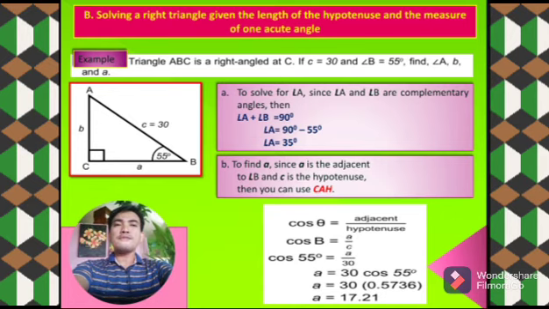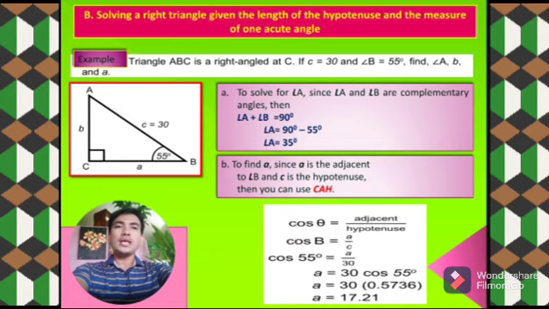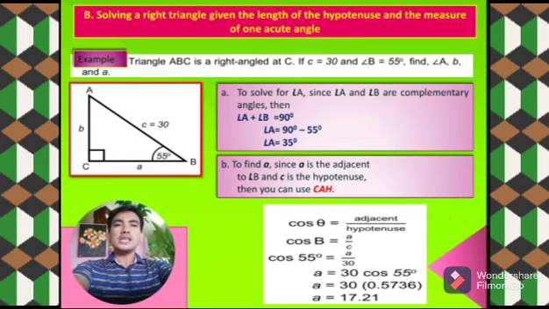Since we're looking for the value of side A, using cross multiplication, you will therefore have 30 times cosine 55 degrees. Cosine 55 degrees is 0.5736. Multiplied by 30, you would have 17.21. And that would be the side A, 17.21.